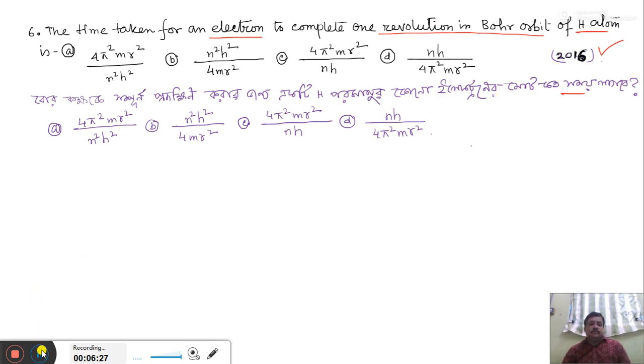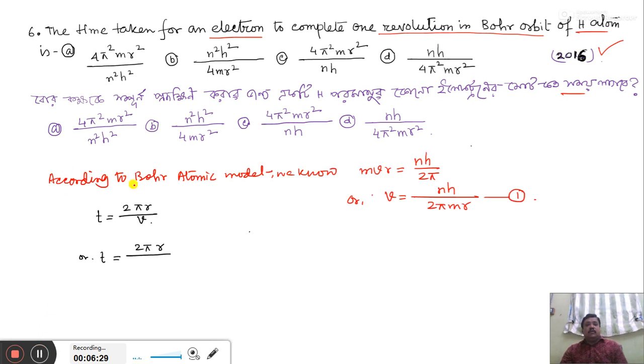According to the Bohr atomic model, mvr is equal to nh by 2 pi, so v is equal to nh by 2 pi mr. Again, the time taken for an electron to complete one revolution in a Bohr orbit is 2 pi r by v.